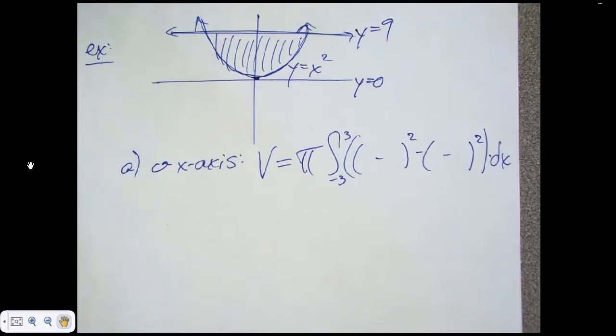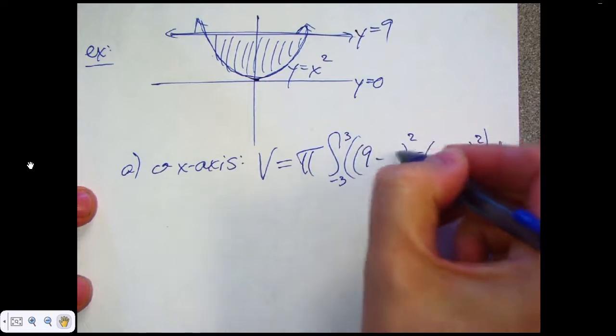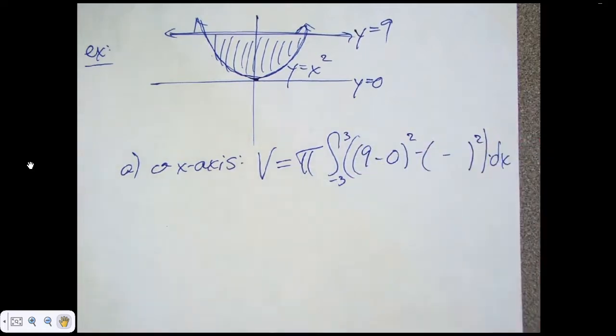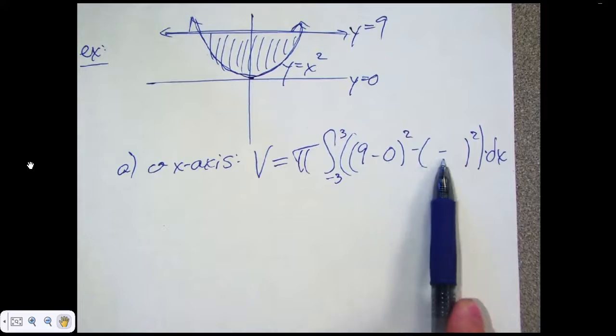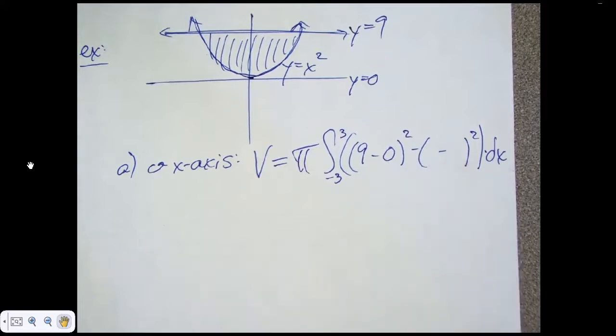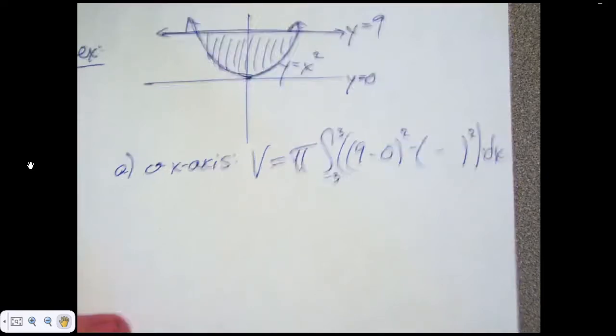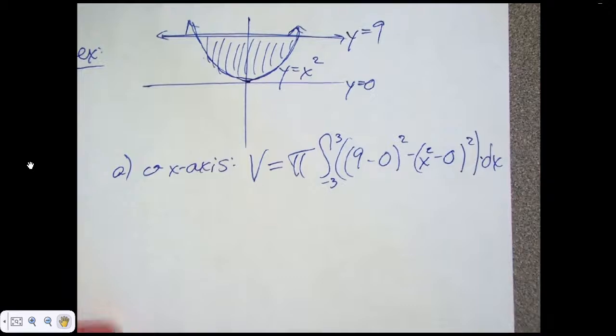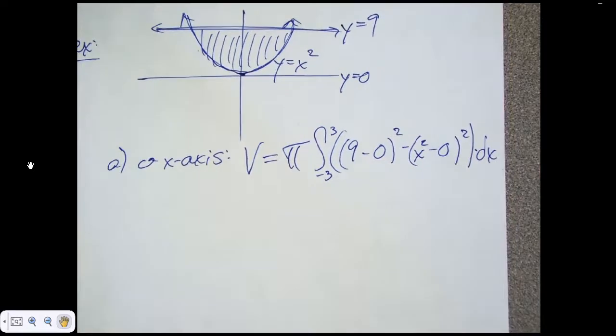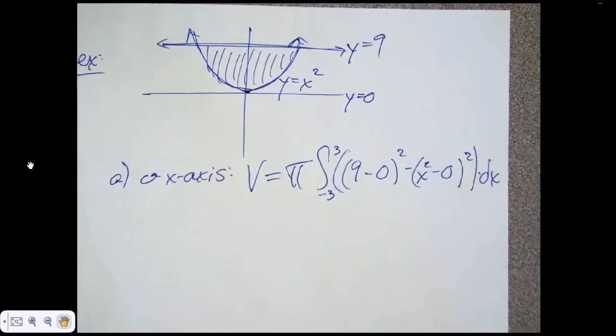It's just straight up 9, but if we're sticking with our general form, it's 9 minus 0, top minus bottom. That is the outside of your shape. The inside of your shape, well, which equation is closer to the axis of revolution? X squared. How far away is x squared from the axis of revolution? Square root of 0. Is that set up okay?